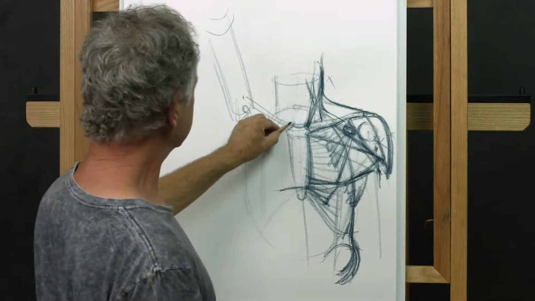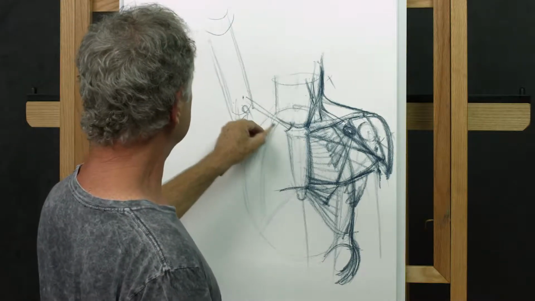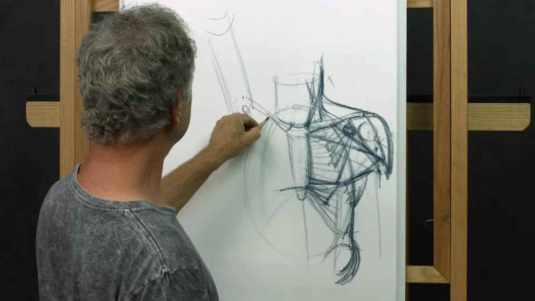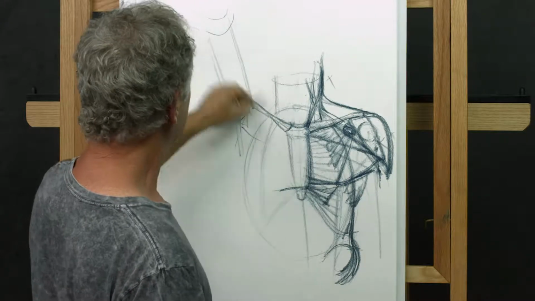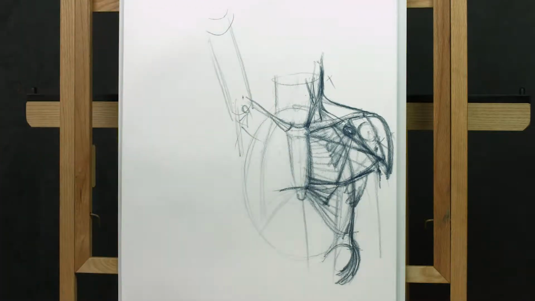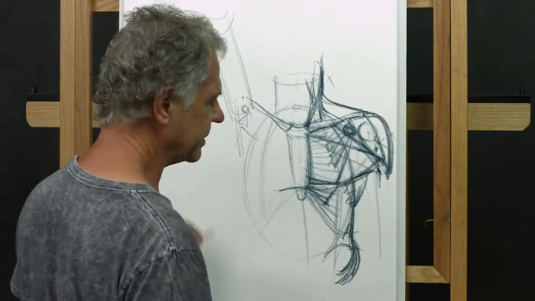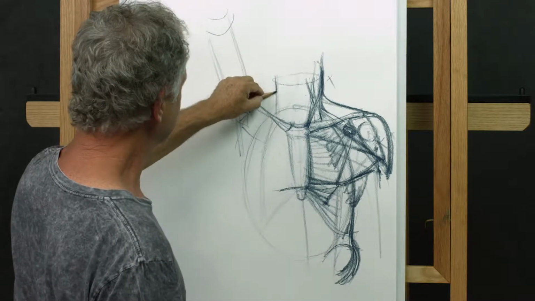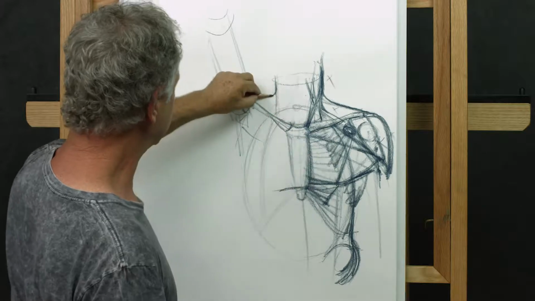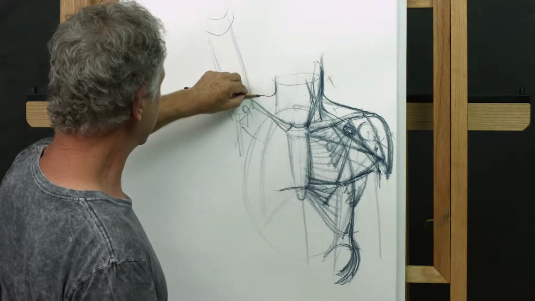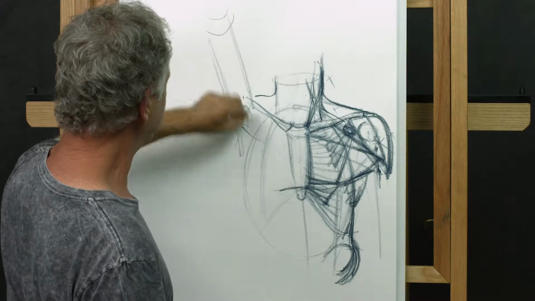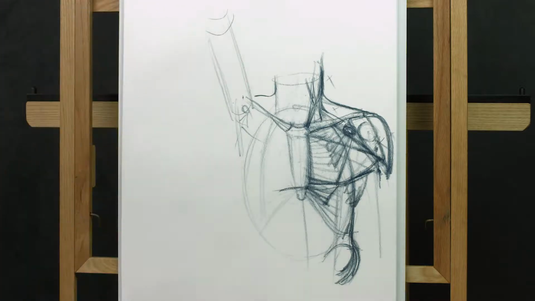So we've got the clavicle coming up and over, and what is also supporting that raise in here is the trapezius muscle, like this. Now notice that it might be slightly more involved.